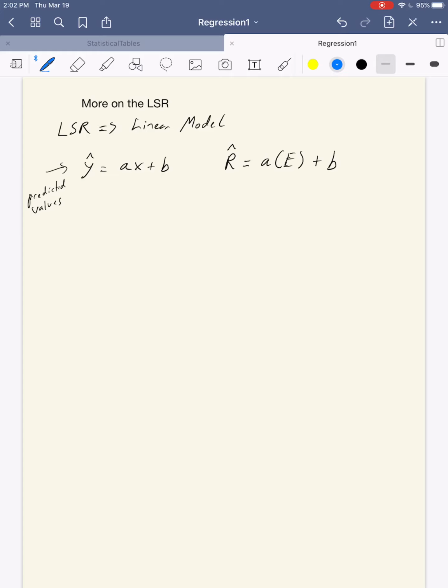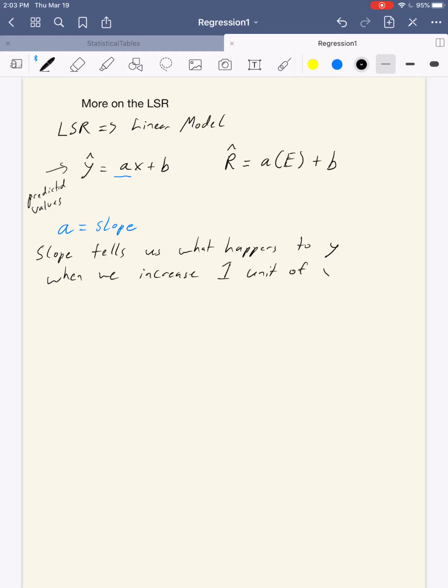So first of all, this value a here. We know that a is the slope. That's the name for that piece of the linear model. So what is the slope? Well, just remember, slope tells us what happens to y when we increase 1 unit of x.